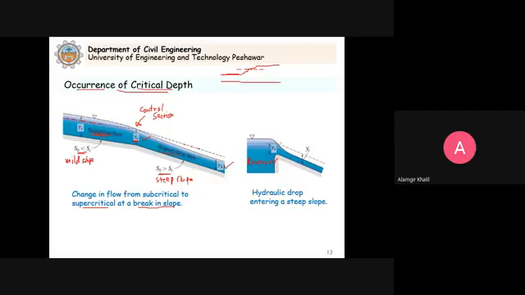So when the water enters into the canal, again we have this critical depth which is here. Clear? Therefore this section here where the critical depth occurs is known as the control section. We will study why it is called a control section, because it controls the water upstream. Control section.